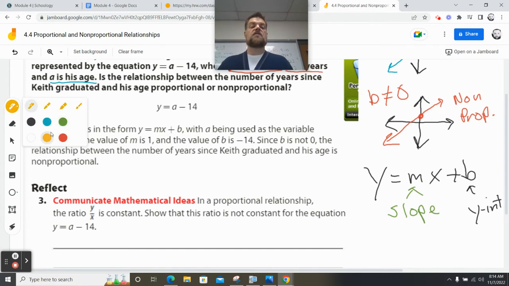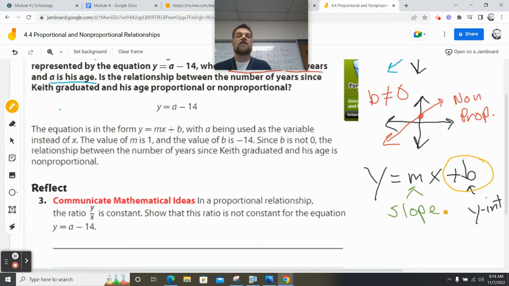To determine if something's proportional or not, we really just need to know what the y-intercept is, right? So doesn't this look like y equals mx plus b? Guess what? b is equal to negative 14. That's the y-intercept. Is that proportional or not proportional? It's not proportional.